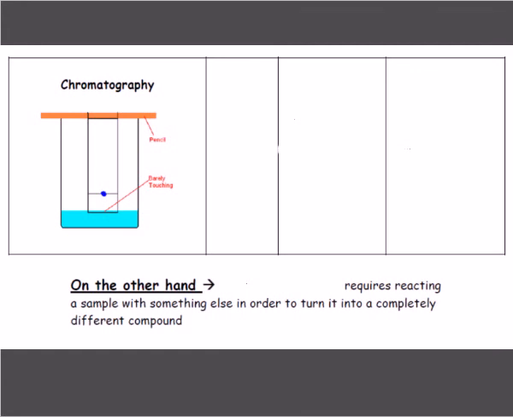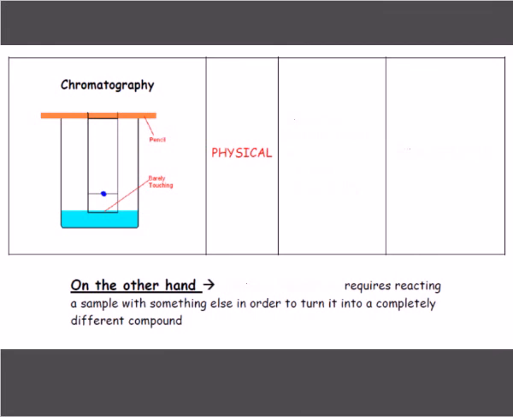Chromatography. Has anybody ever heard of chromatography before? Okay. There's a lot of different methods for chromatography. The one that's shown here in your picture is called paper chromatography. Again, you guys will do this at some point this year. But we'll talk a lot about different chromatography methods. This is, again, a physical one. So all these methods, guys, that we've talked about and that we're going to use throughout the year, they're physical separations.